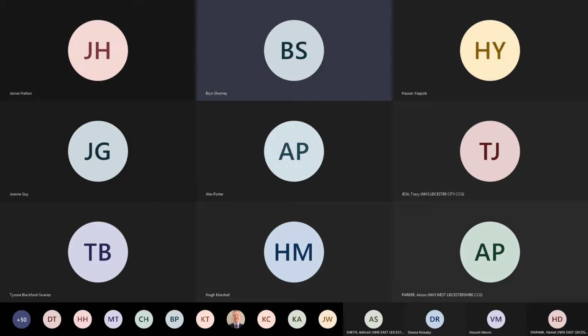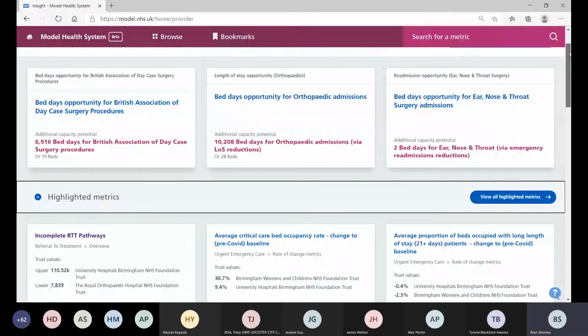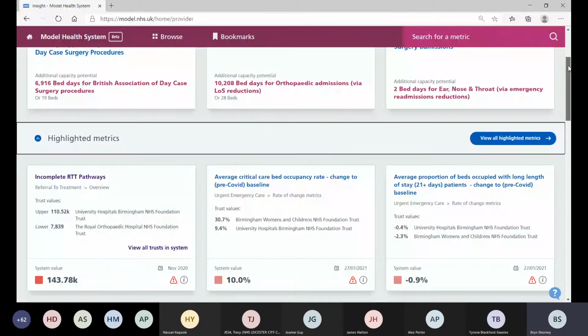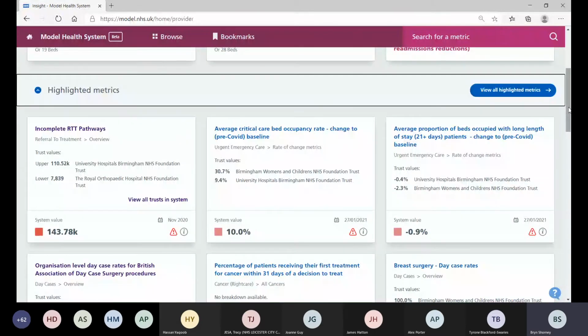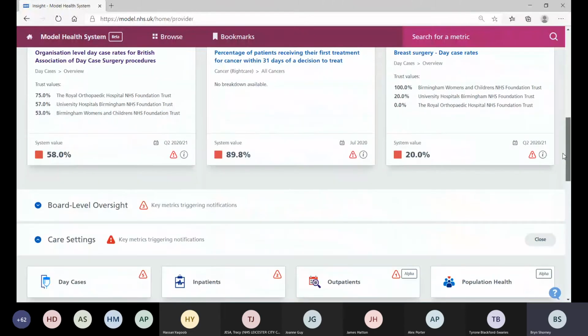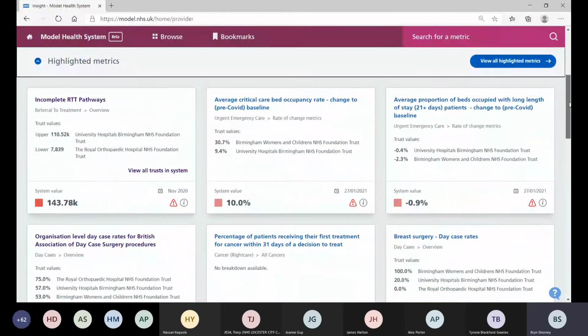Okay, so just underneath the opportunities for improvement, we've got the highlighted metrics section, and again you can see a range of tiles within this, and then the opportunity to click through to view all highlighted metrics.